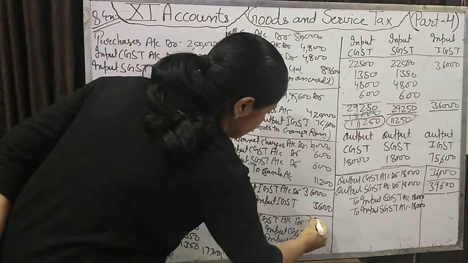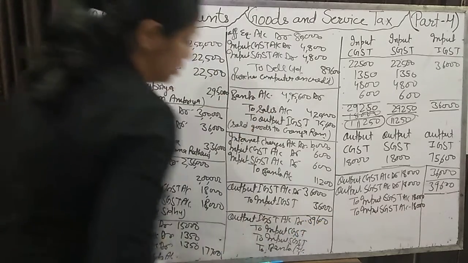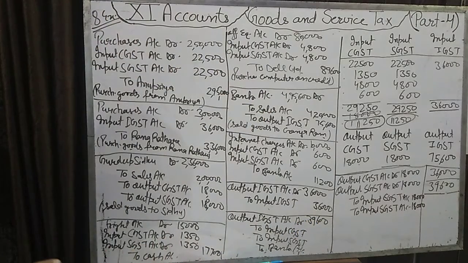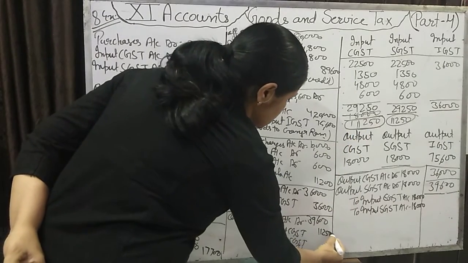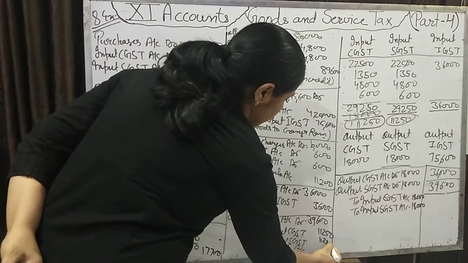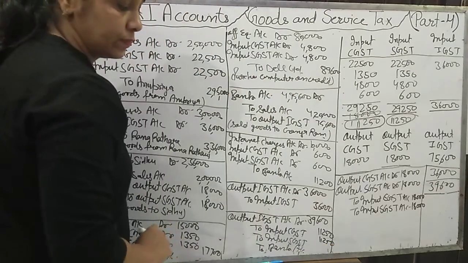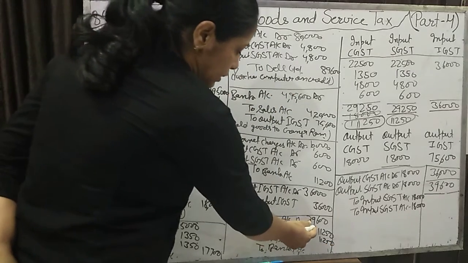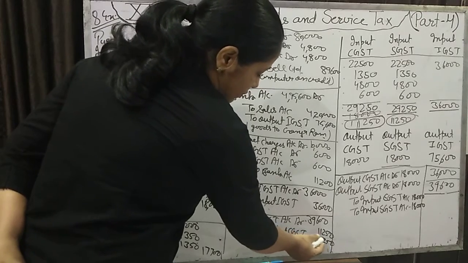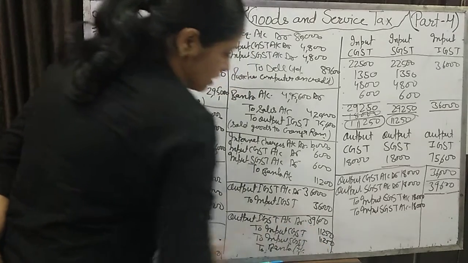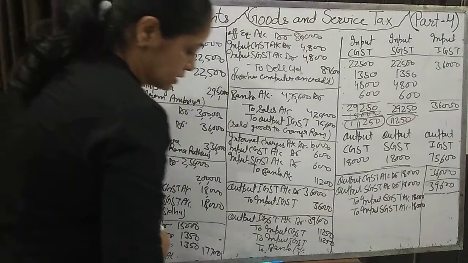So the remaining 39,600, we will debit in full. We can adjust 11,250 from CGST and 11,250 from SGST. How much will remain? This is a total of 22,500. Deduct 22,500 from 39,600.